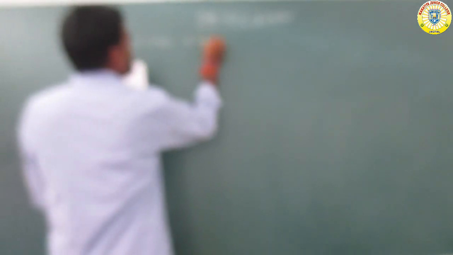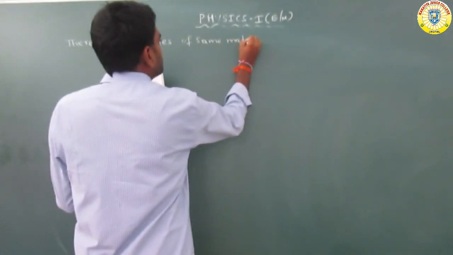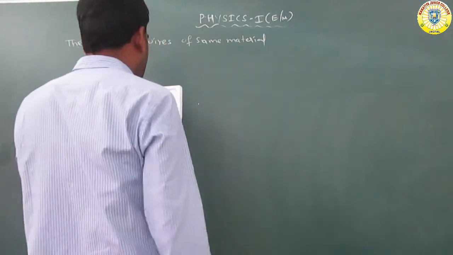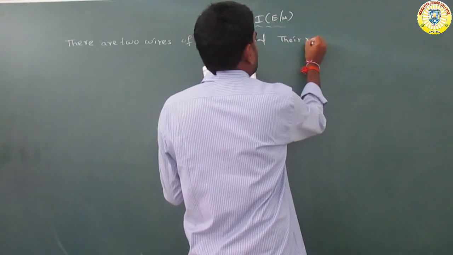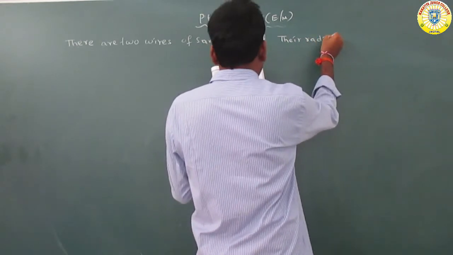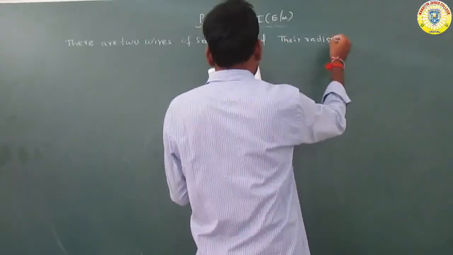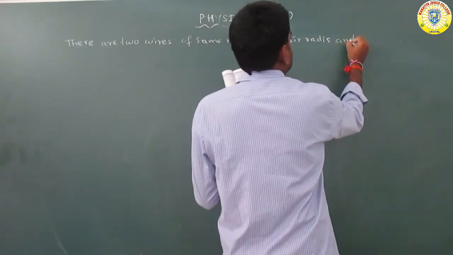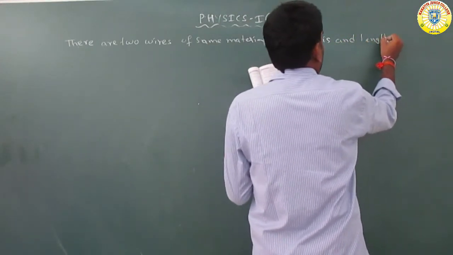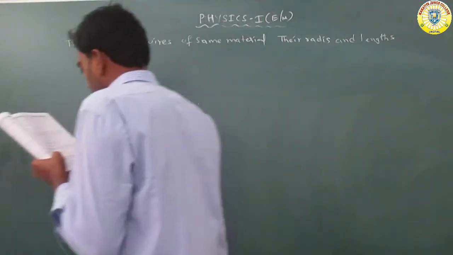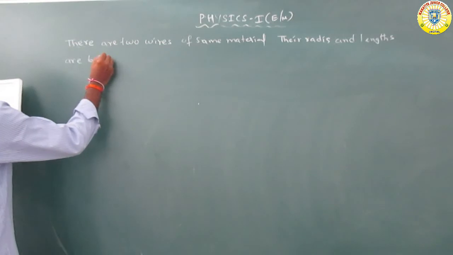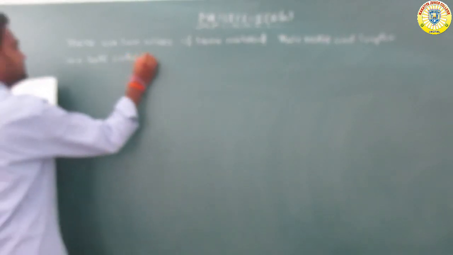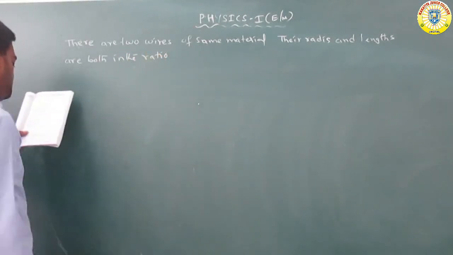Two wires of the same material, their radius and length are both in the ratio 1:2.